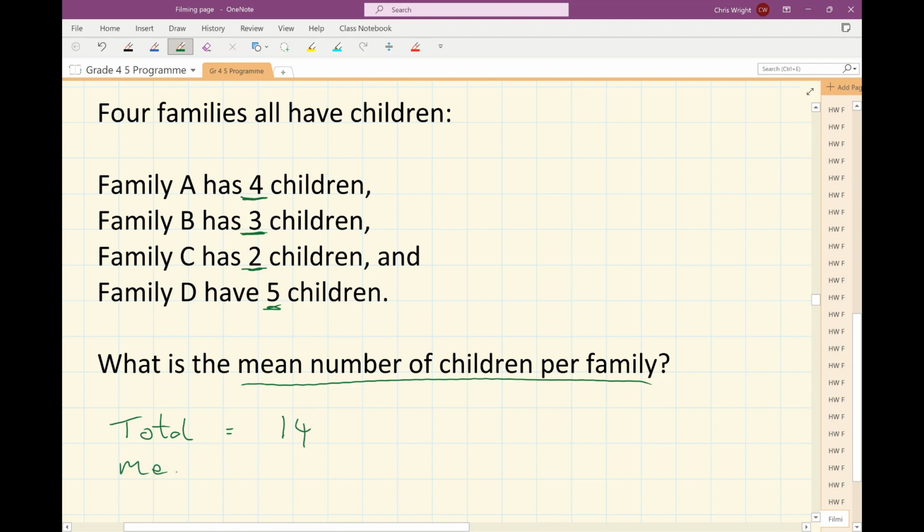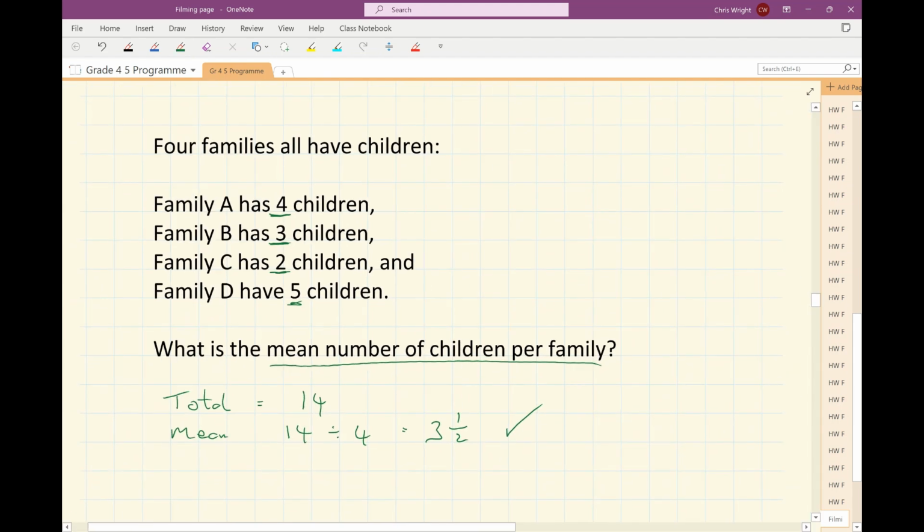So the mean would be the total, you add and divide for the mean. This time, I'm going to divide by 4. 14 divided by 4 to give me an idea of the typical number of children per family. I get 3.5. So that is the mean number of children correctly worked out. But you see, it's bizarre because there's no way that a family could have 3.5 children. But nonetheless, that is the mean number of children per family.